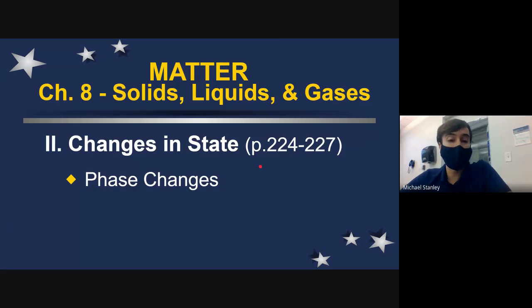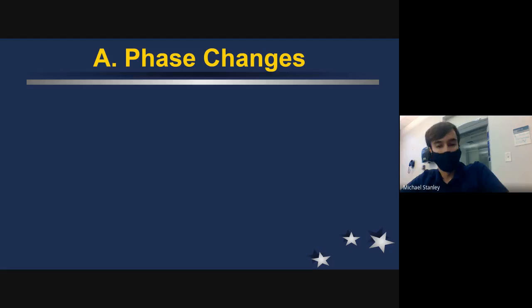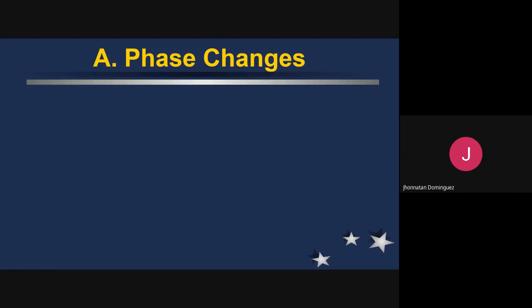So a lot of these you guys have probably heard of before. So I'm going to ask for your help a little bit. So what is it called when we go from a solid to a liquid? Melting. Melting. Bingo.